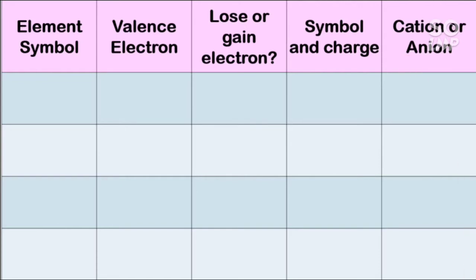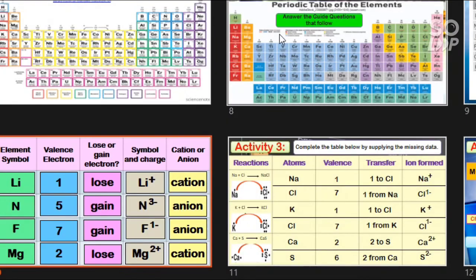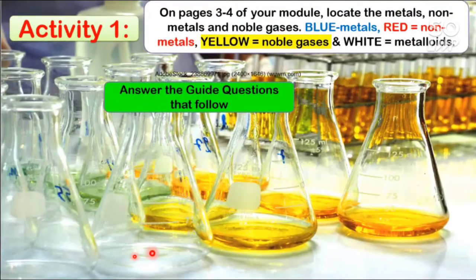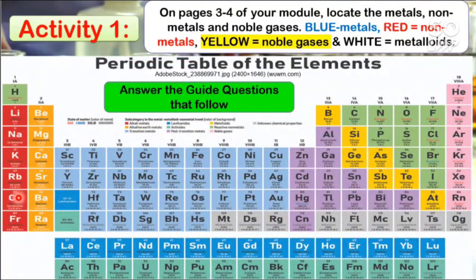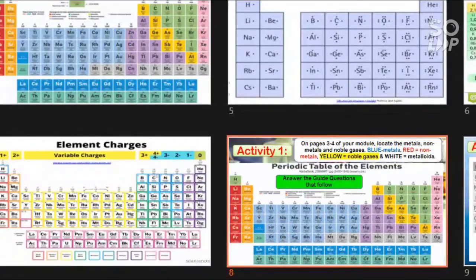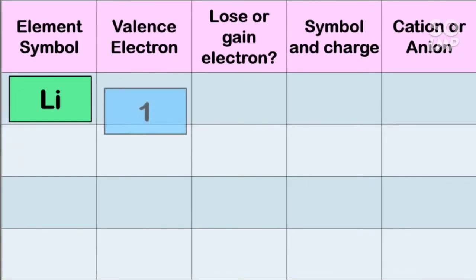Okay, for number 1, we have lithium. So what is the valence electron of lithium? For you to answer that question, you can look at your periodic table, and here you can see that lithium is in group 1. If the element is in group 1, meaning it has 1 valence electron, right?